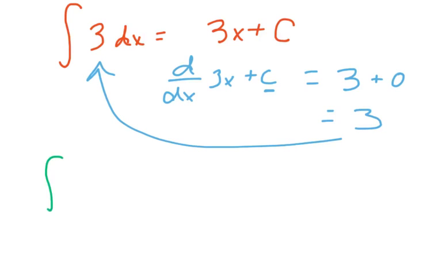So pretty much the antiderivative of any constant, which I'm going to just write k, is going to be that constant times x, and then plus c for that extra constant that we could have.